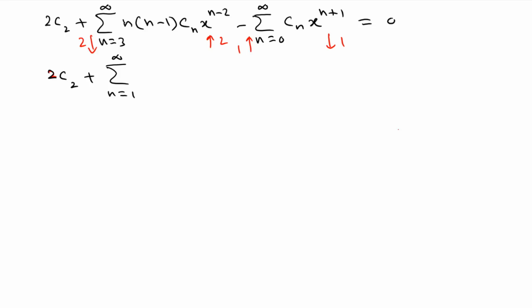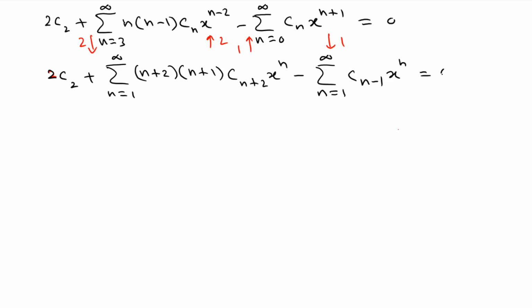Inside we increase by 2, so it's n plus 2, and this one, you add 1, so n plus 1, and this will be c_(n+2), x^n. Minus sigma: this is increased by 1, so n equals 1 now to infinity, and then you decrease by 1, so c_(n-1), x^n. After we do that, you can see that these all match.